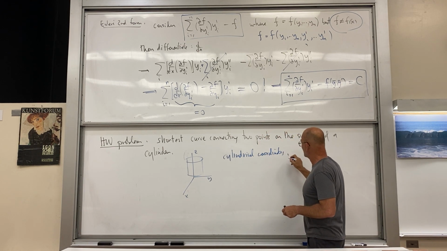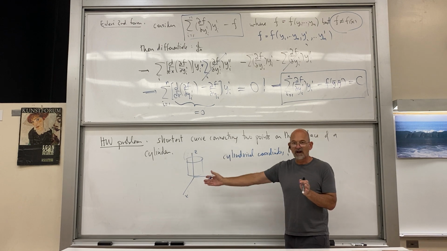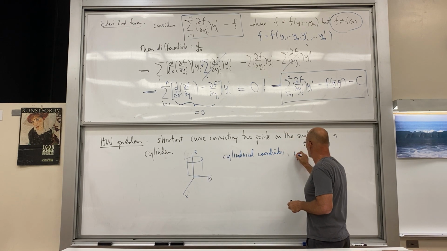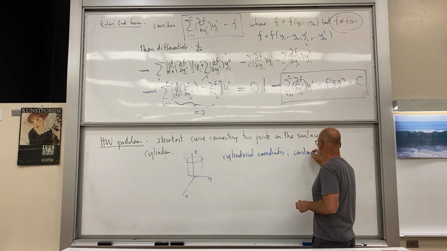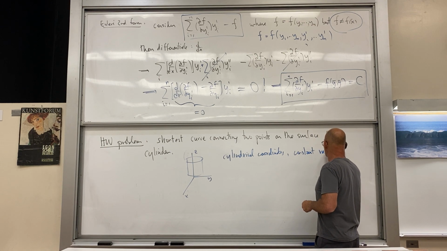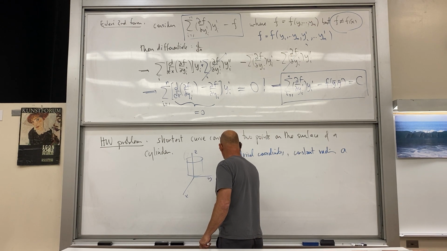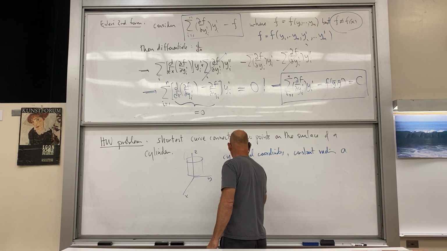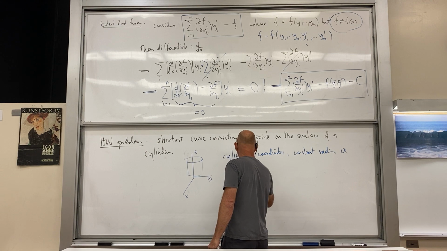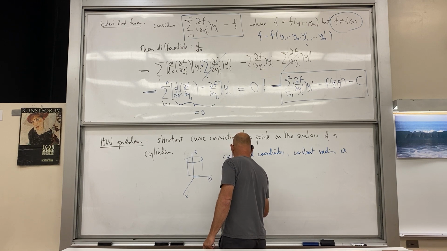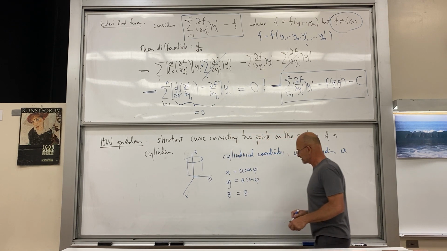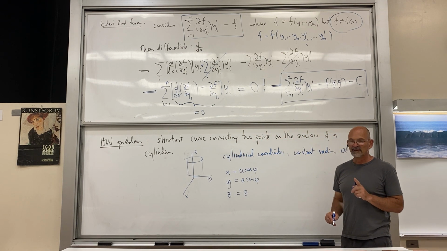But the radius is constant, okay? Radius of the cylinder, we could call it A. So then we would have X equals A cos phi, Y equals A sine phi, and then Z is equal to Z. The thing is, we want a length element.